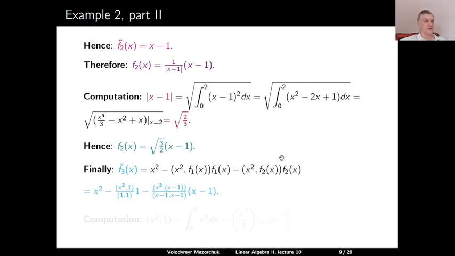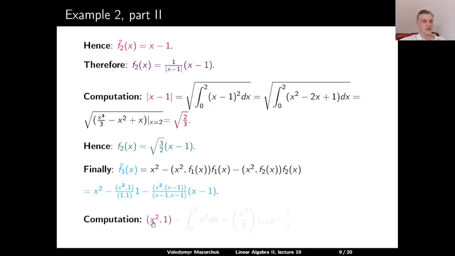And again we can rewrite it as x squared minus the scalar product between x squared and 1 divided by the scalar product between 1 and 1 times 1, minus the scalar product between x squared and x minus 1 divided by the scalar product between x minus 1 and x minus 1 times x minus 1. So the numerators of these two fractions are not yet computed, so we need to compute them.